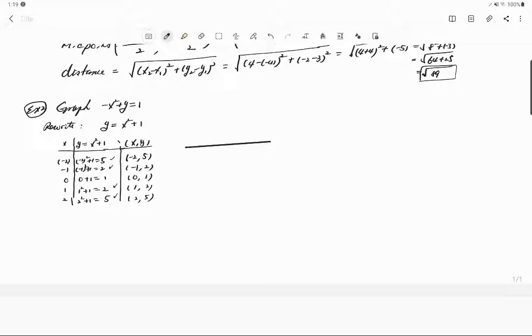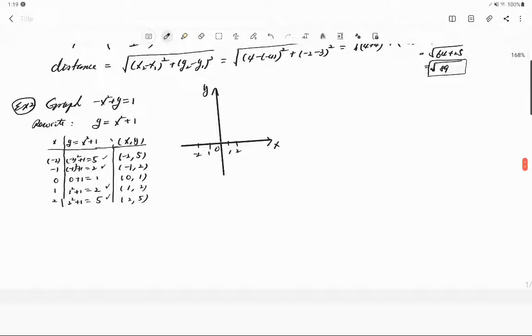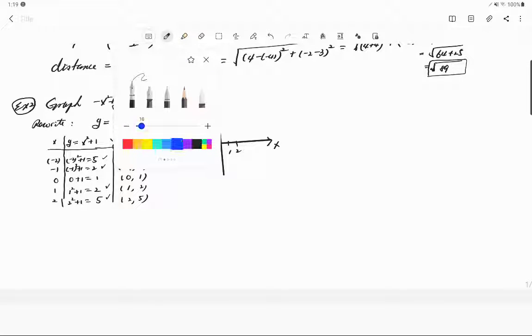So x-axis, y-axis. Okay, let's say x equals 0, 1, 2, right? 1, 2. And the y value is, okay, let's use a different color.